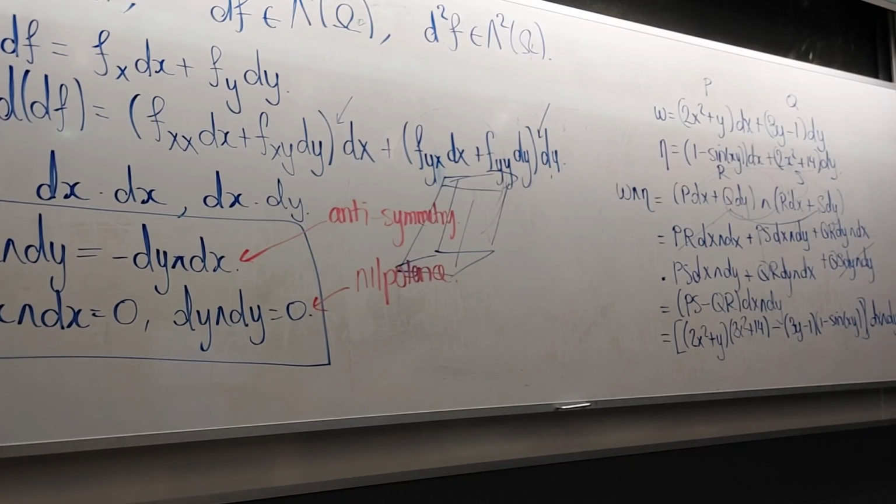Yep. Sorry to jump backwards, but over on the left of the board, we've taken d of df. I don't actually get what we've done there, because df is a different object to an f. D of df. So when you start to present the wedge product, you're on treacherous ground, because a lot of people just ruin it entirely. So it's quite delicate how I started. I thought, okay, maybe I'll start here.